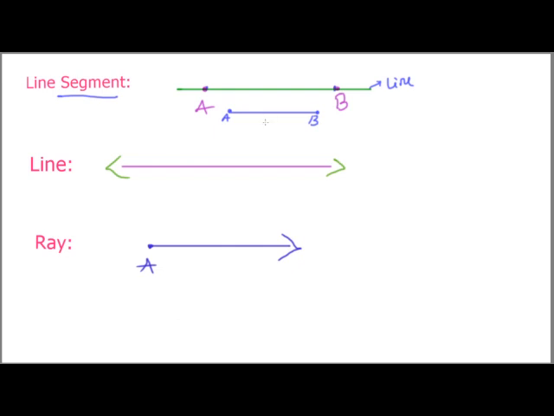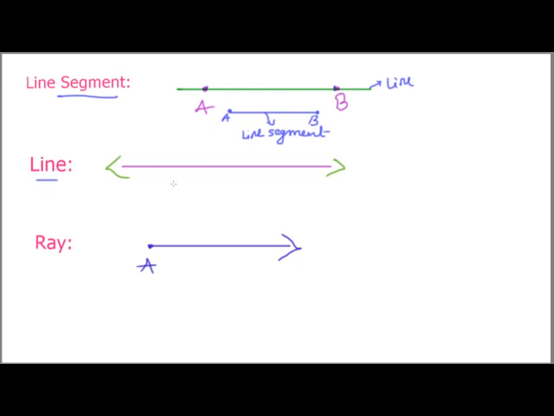One end is A, another end is B. So this short line is called a segment. Segment means part. Since we have taken it from the line, we call it a line segment.